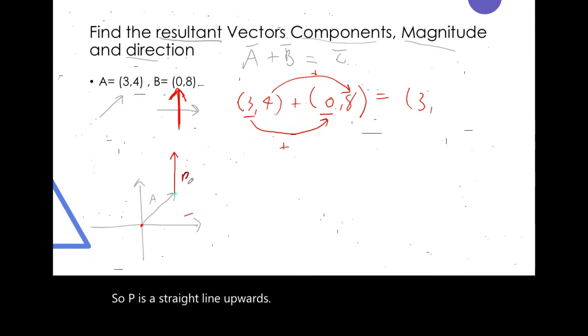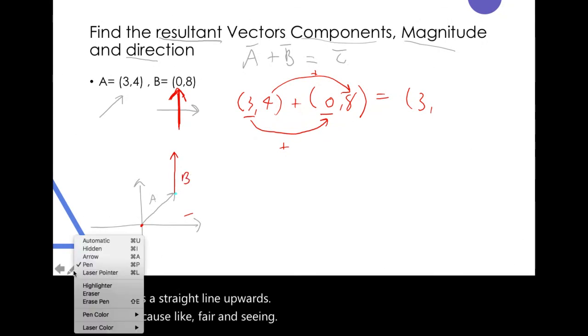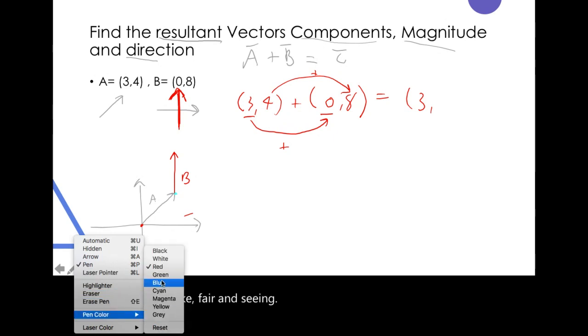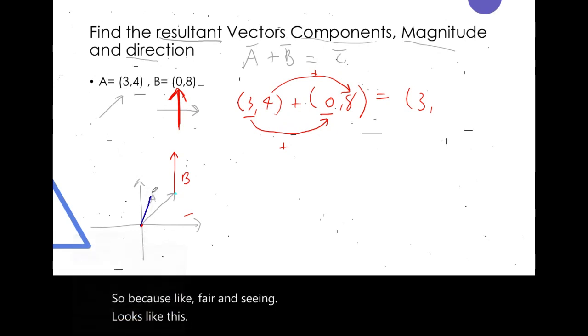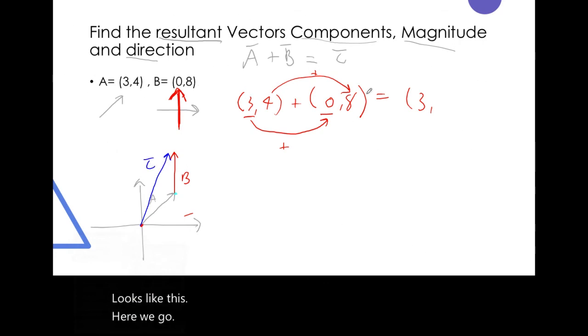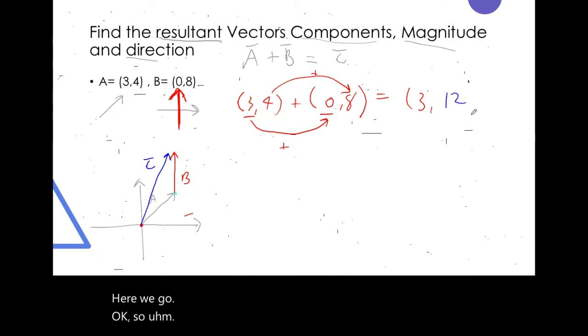So B goes like that, then C looks like this. There we go. Okay, so 4 plus 8, 12. So that's the components of C.